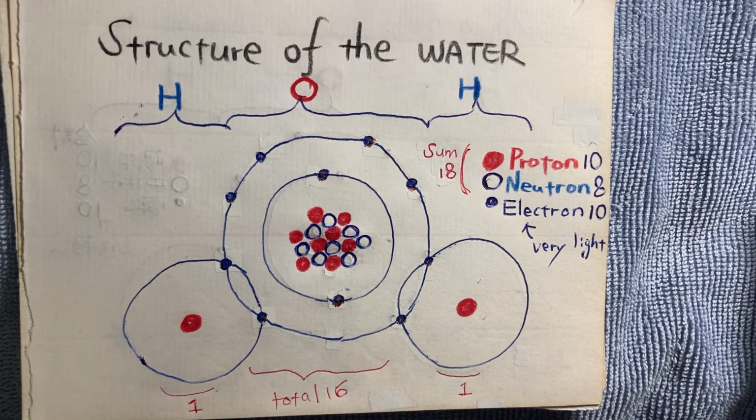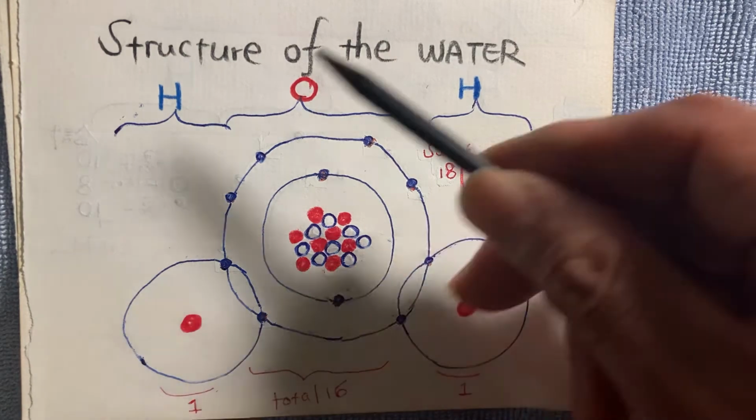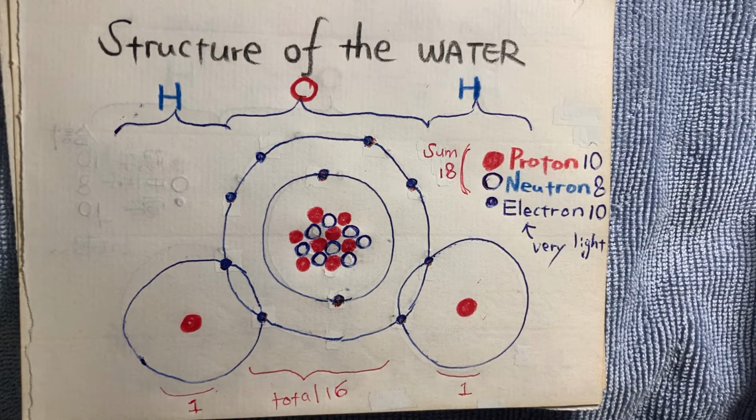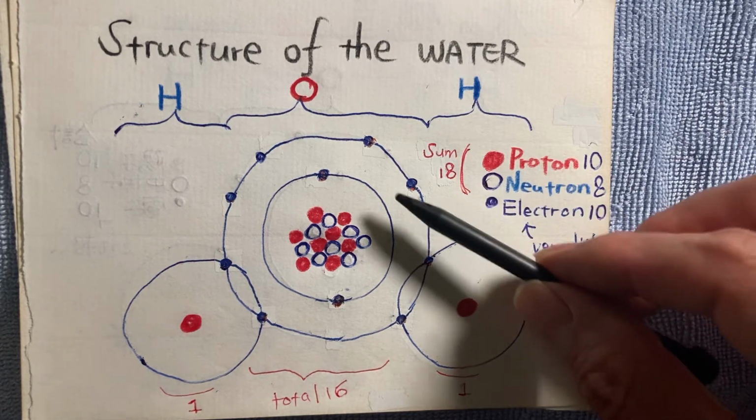A hydrogen atom contains 1 proton and no neutrons, giving us a molecular weight of 1. When we add together the total number of protons and neutrons in the 3 atoms of H2O, we get a total of 18.